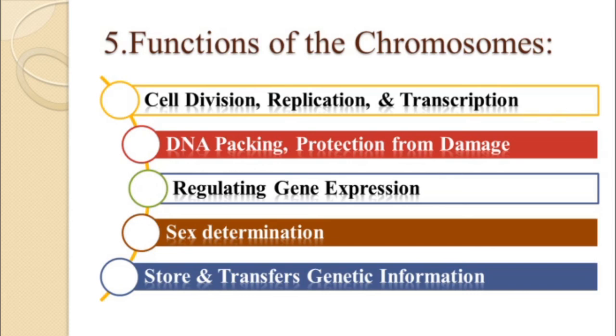And these chromosomes have genes and they regulate the gene expression. They are responsible for determination of sex in the embryo, mitogenesis at the time of fertilization, and these chromosomes are the stores of genetic information and they are responsible for transfer of genetic information from one generation to another generation.